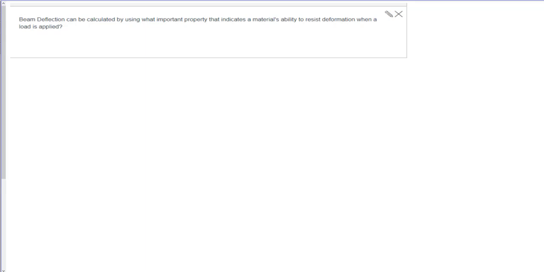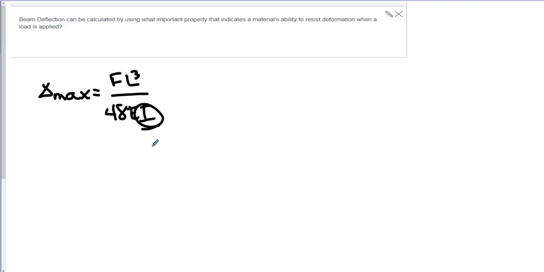That's really just a vocabulary question. Beam deflection is equal to force times length cubed divided by 48 times modulus of elasticity times moment of inertia. So moment of inertia would have been the correct answer there.